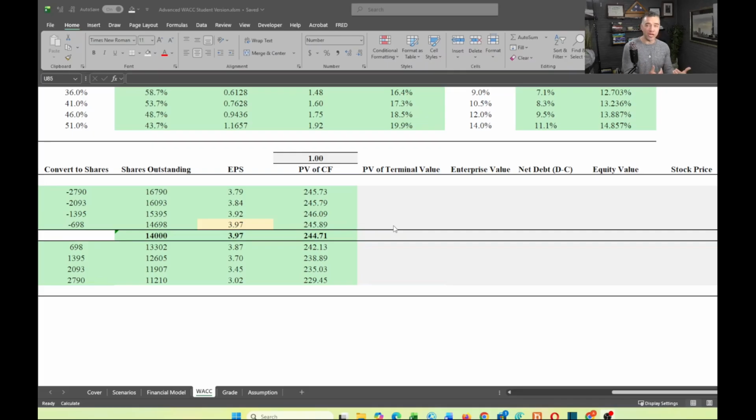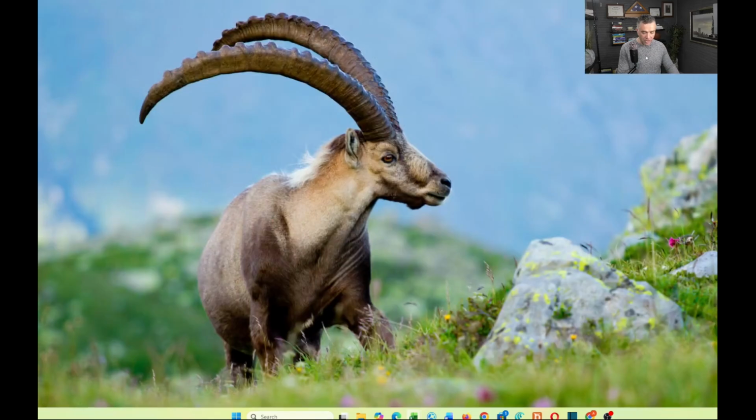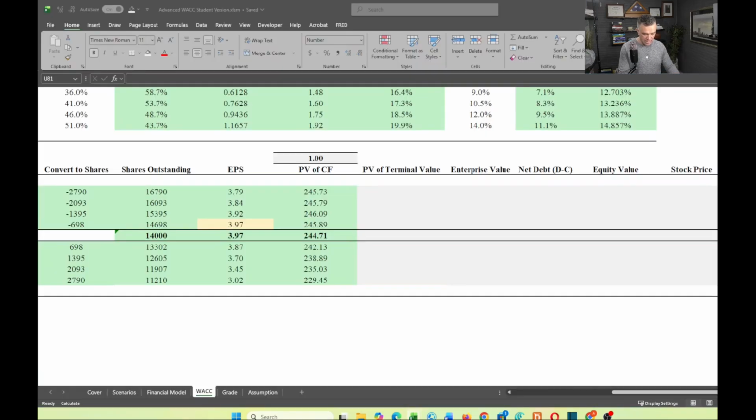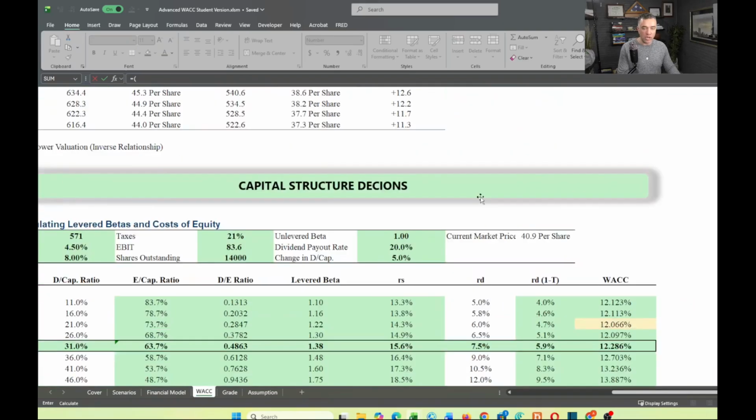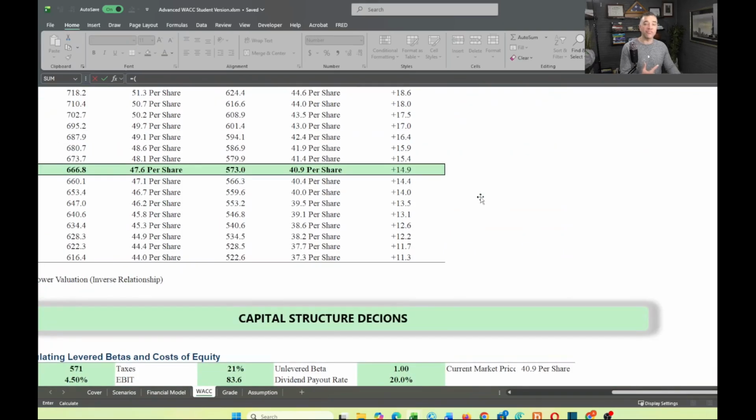All right, next we want to find out the present value of the terminal value. We found the present value of the projected cash flows, but we're going to say the company's going to go forever at a constant growth of 2.5%. So let's find out the present value of the terminal value that we have. The first thing I'm going to do is go equals, and hit a bracket, and we want to find the terminal value in the 5th year.